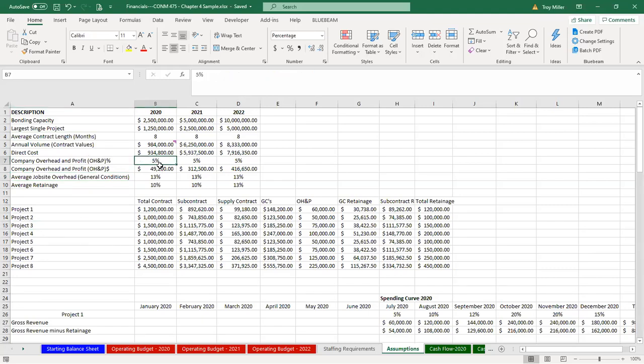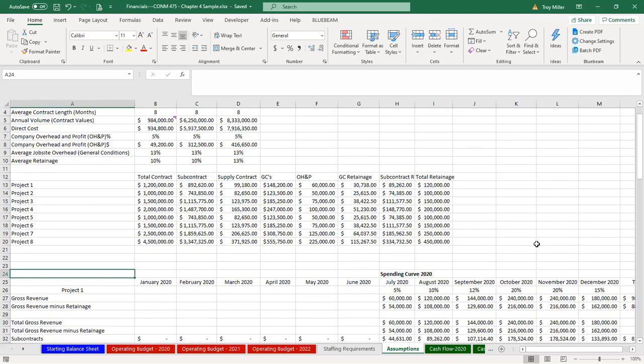Don't necessarily take my values as being what they need to be. You'll need to somewhat conform those to how you think your business is going to go. I made these assumptions on how I'm going to go out and the cross section of projects I'm going to go after, based on dollar amount and time frame.